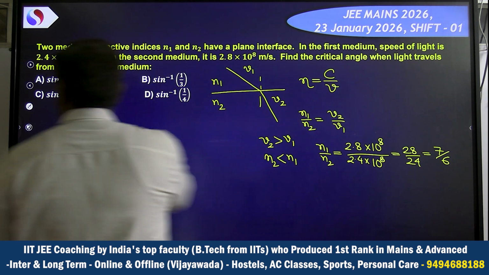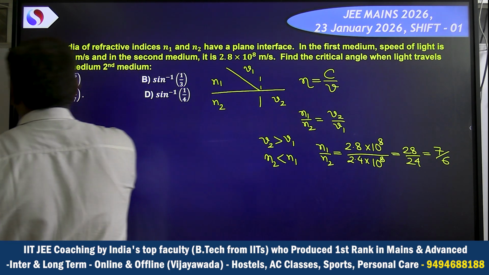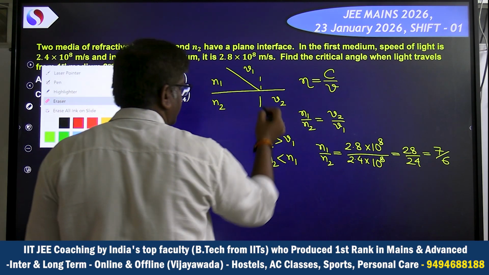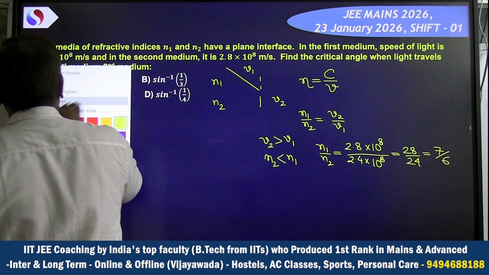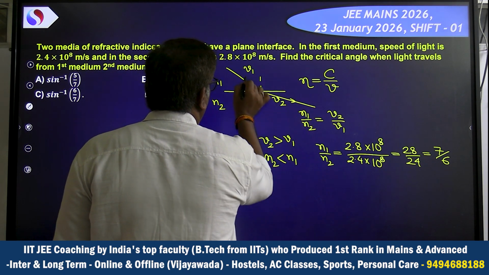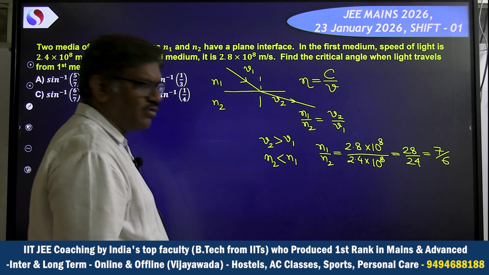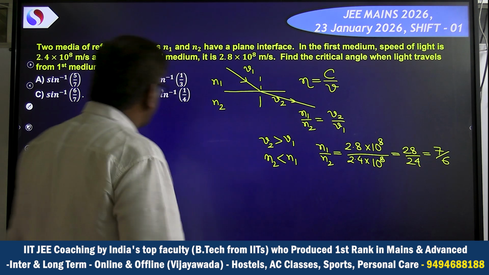So this diagram also I will change. Why am I changing this diagram? Because as per the diagram, it is going from denser to rarer, so this ray should come like this. Though the ray diagram doesn't matter in this case, because we are only looking for the values.